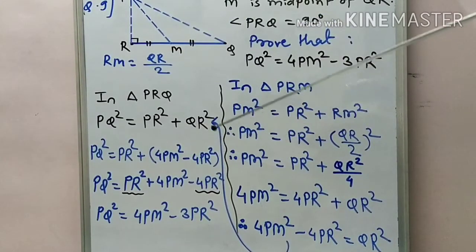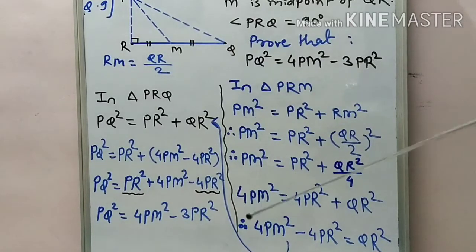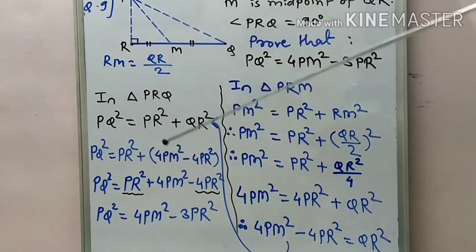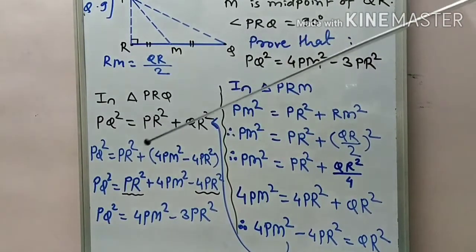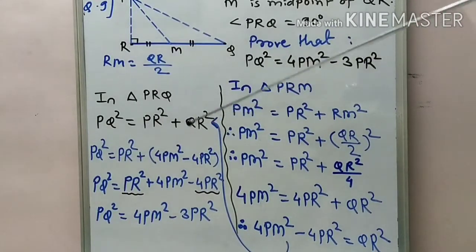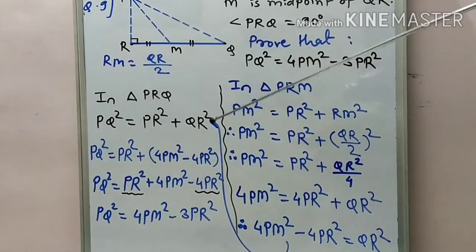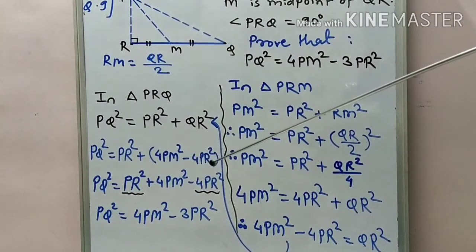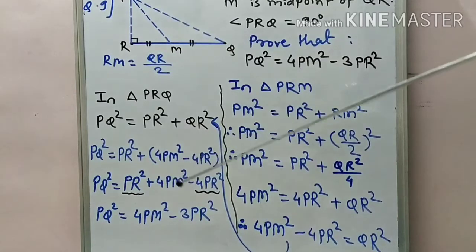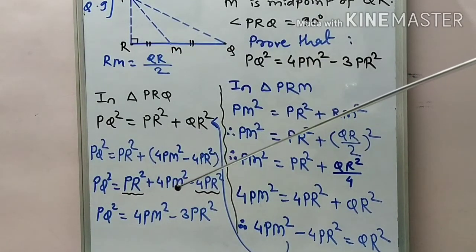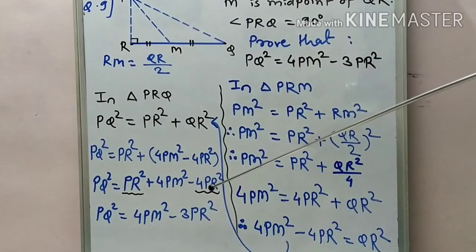Like this, QR square we replace as 4PM square minus 4PR square. Here again in this right angle triangle PRQ, PQ square equals PR square as it is, plus now we replace QR square from here, 4PM square minus 4PR square. As we open the bracket, the two terms we write down as they are: PR square plus 4PM square minus 4PR square.